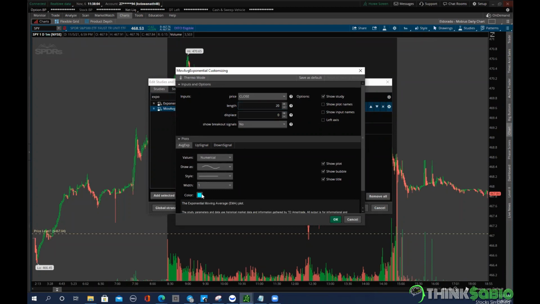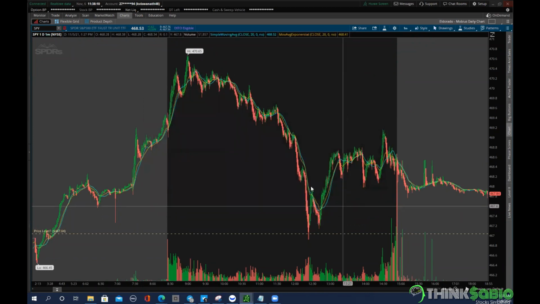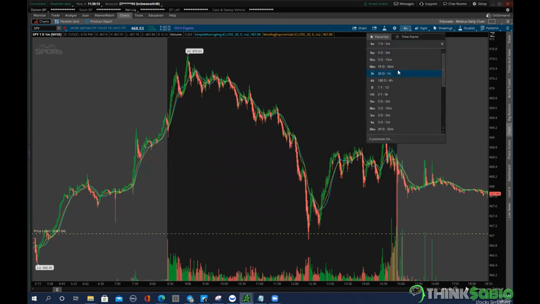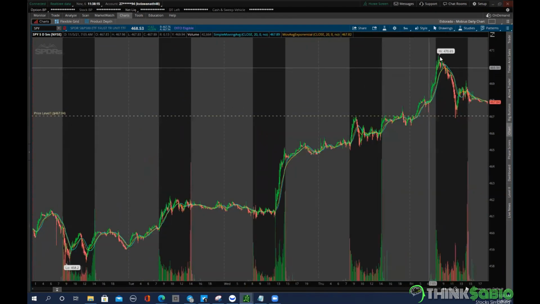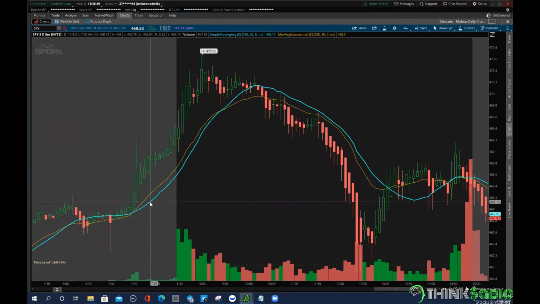So that is simple. This is exponential. I'm changing the color so we will know the difference. Yellow is exponential and blue is simple. I will go to a bigger time frame so you can see the difference here. The yellow, the exponential moving average, reacts quickly to the price movement. The simple moving average is slow in reacting.